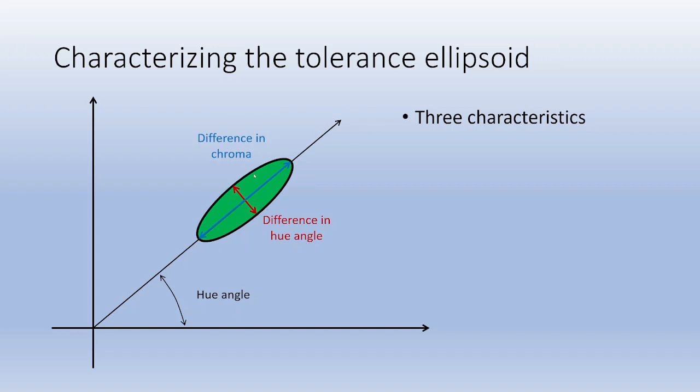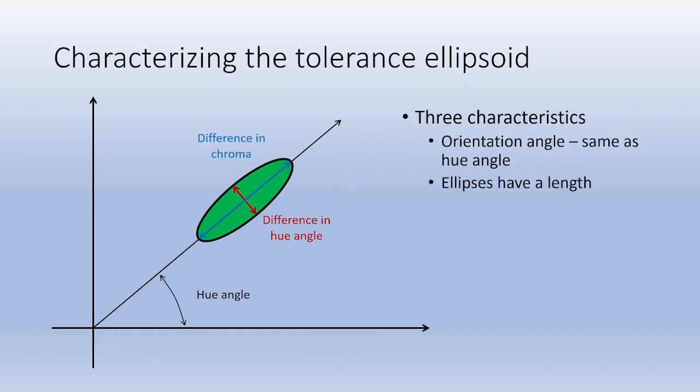If you identify those three things, hue angle, difference in hue angle, and the difference in chroma, you have fully characterized an ellipse. Now, there's more characterization if we are defining the ellipsoid, but it's easier to think about this in two dimensions. So we have the orientation angle. The ellipses have a length to them. The ellipses have a width to them.